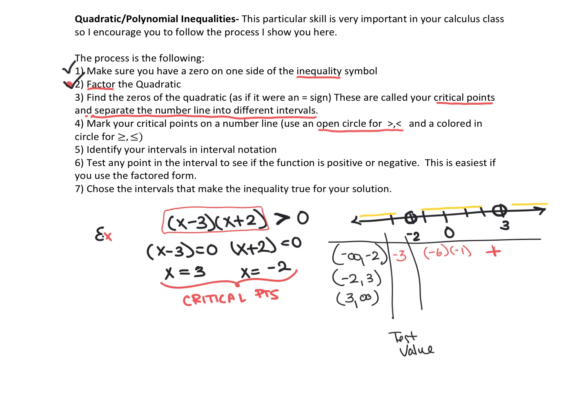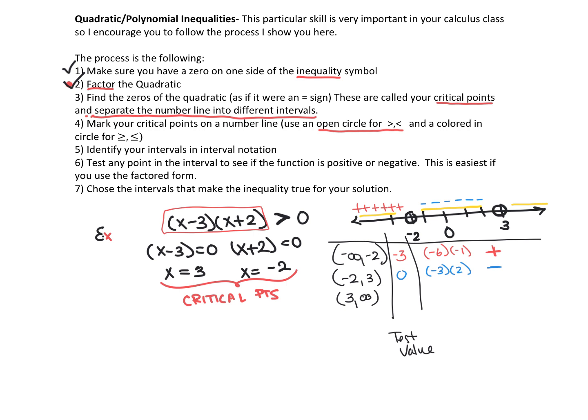So anything in that interval would give us a positive result. For the next interval from -2 to 3, I'm going to test 0. That gives me -3 times 2, which is a negative result in here.